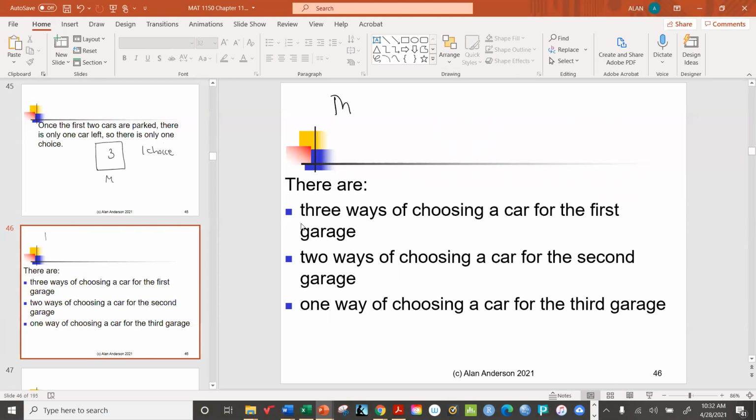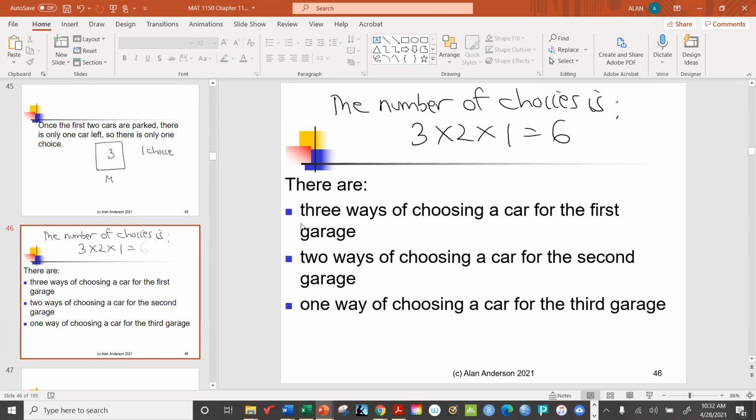So the number of possibilities is 3 times 2 times 1, or 6. Oh, yes, of course, 6. That's what we got when we wrote them all out.